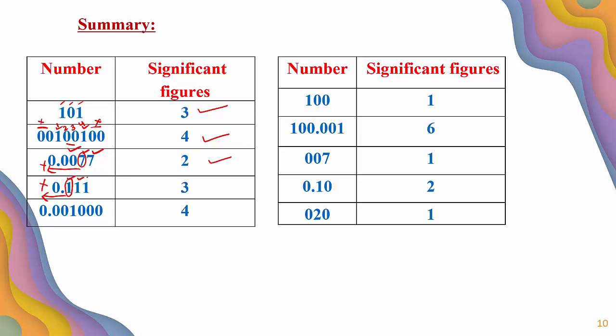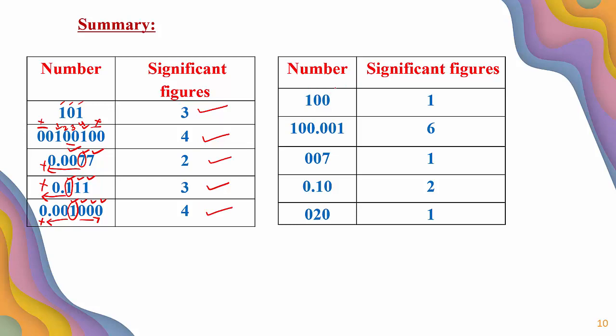So totally there are 3 significant figures. Then another example, 0.001000. Here, 1 is the first non-zero digit. On this left side, we are not going to consider. On the right side, we can consider. So totally there are 4 significant figures.